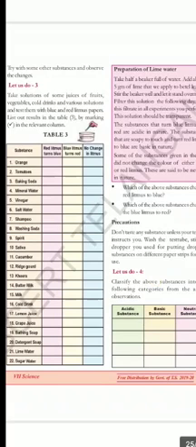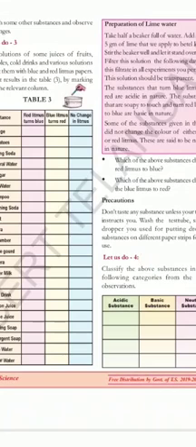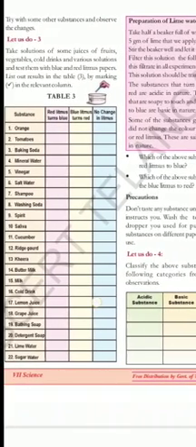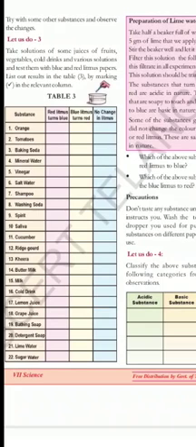So the first one, orange. That taste is sour, no? That is the acid nature. So in table 4 you write: orange is an acidic substance. Next, tomatoes, that also has a sour taste, so it is an acidic substance. Next, baking soda. Write one by one all the substances you taste.